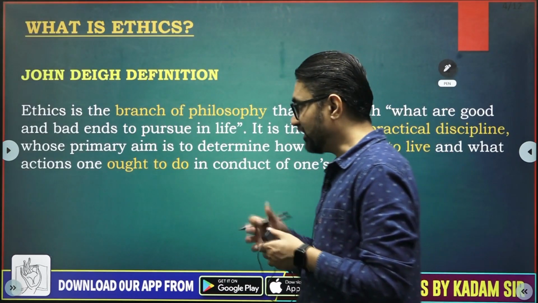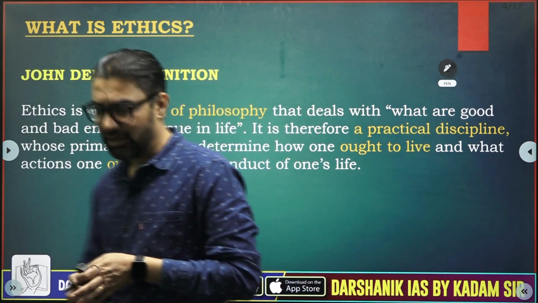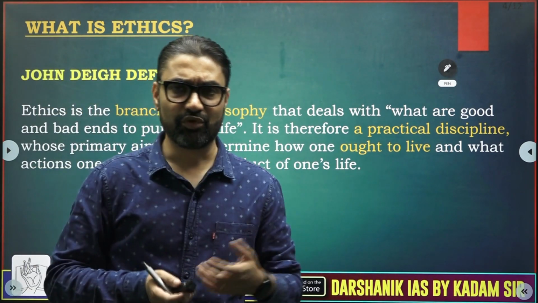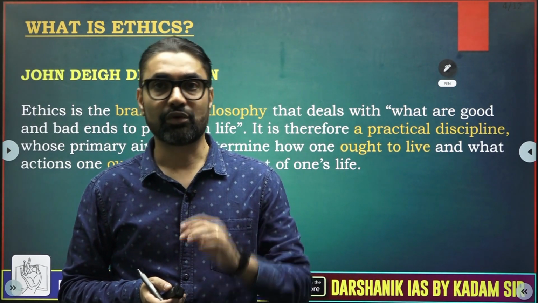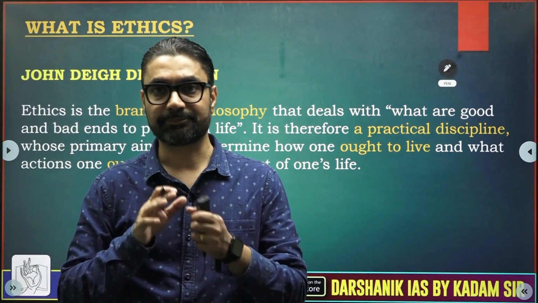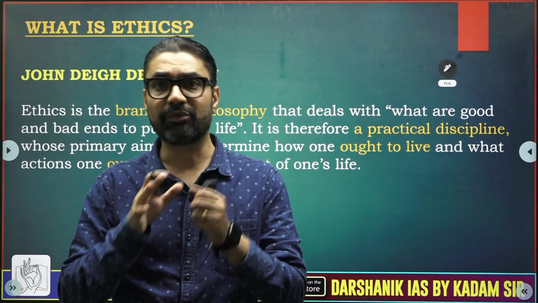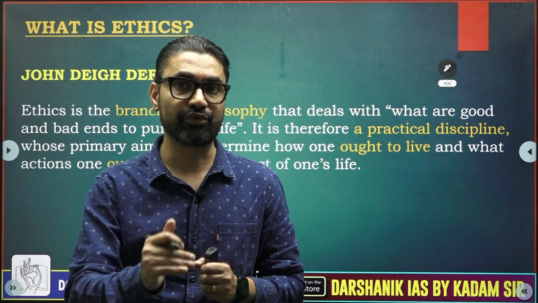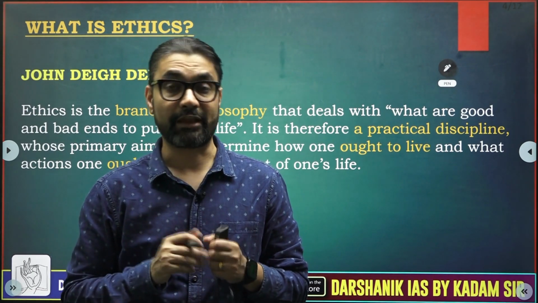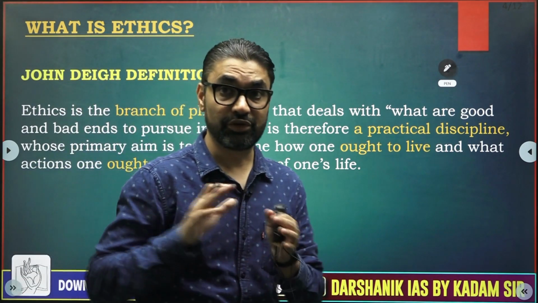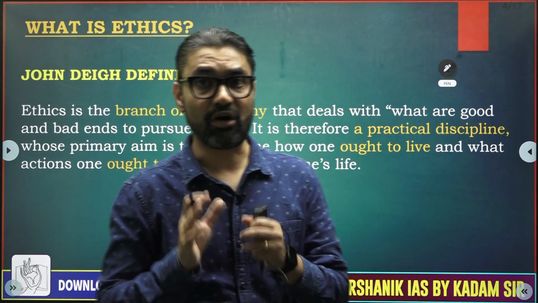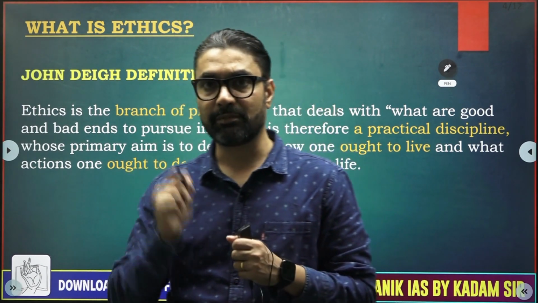So guys, what is ethics? Now if you Google or check many books, there are very complex definitions of ethics. These definitions will not be useful if you are not able to reproduce them in your paper accurately, because I already told you, whenever you are writing an answer in ethics, you need to focus on the core terminologies used in the paper.